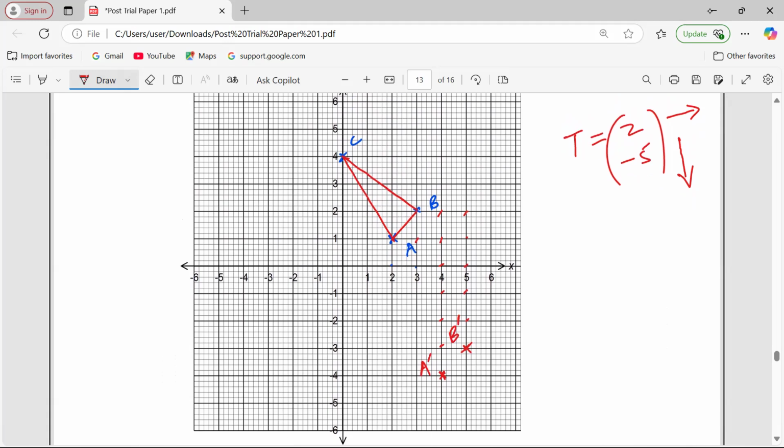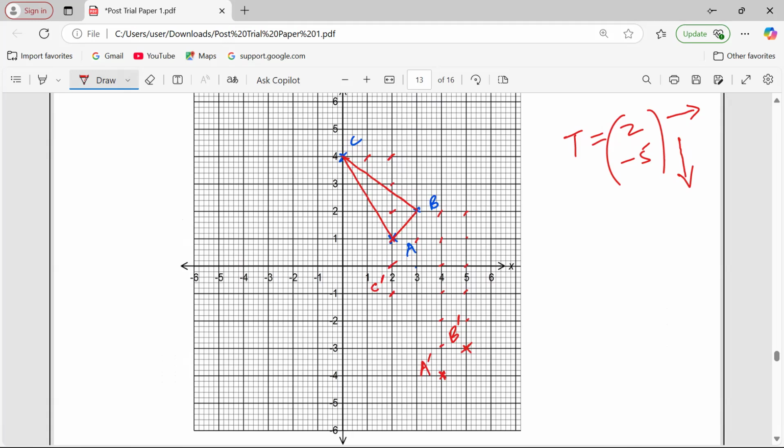And finally C, we move 2 units, 1, 2. Then we move downwards 5 units, 1, 2, 3, 4, 5. That is C prime.